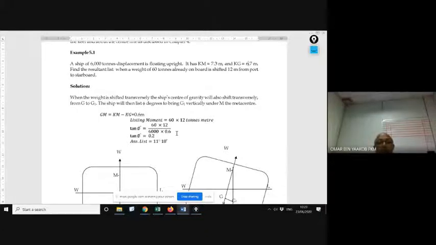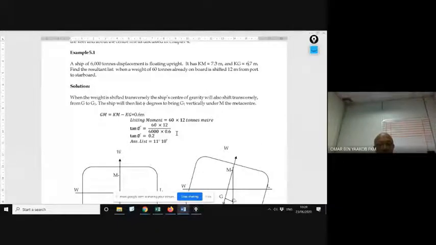So it will be 60 by 12, 6,000 times 0.3, equal to 1,800. So 60 by 12 is 720.